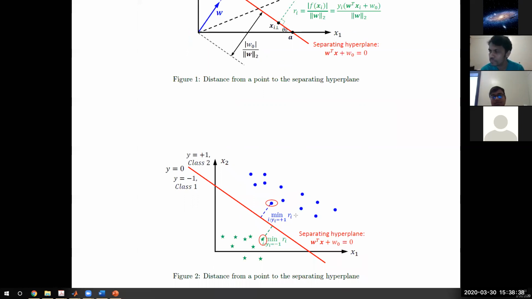For other points, I don't care. What I care is that just for these closest points, I'm gonna rescale such that their distance to the separating hyperplane is gonna be 1.